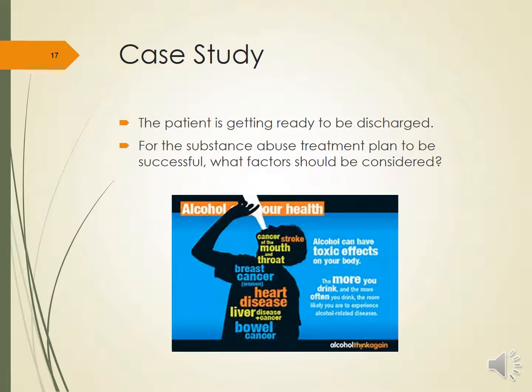Okay, so when you're getting ready to discharge a patient, you want to think about their support system, the community resources for this person, and is all of that in place for them to go forward and be successful? Let's talk for just a minute about the long-term effects of alcohol on our med-surg patients.